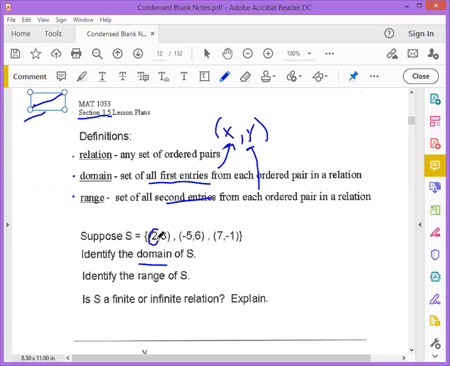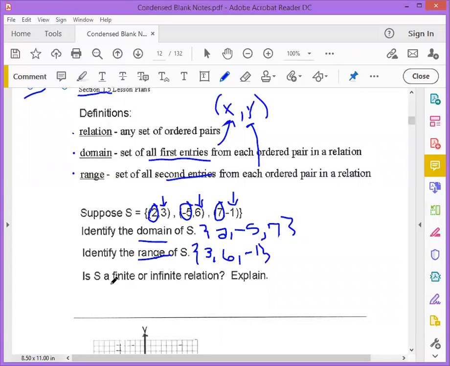So we would list all of the x coordinates: 2, -5, 7. The range would be all of the second entries or the y coordinates. So the 3, the 6, and the -1.